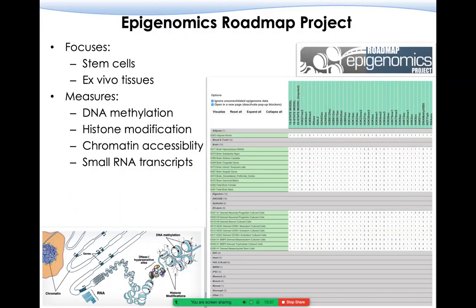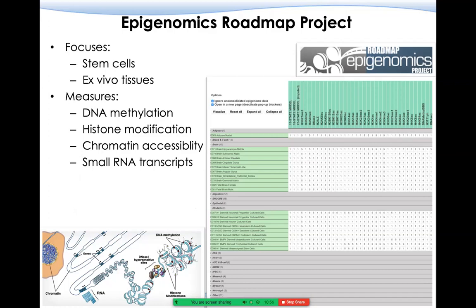There is another consortium called the Epigenomics Roadmap Project. It was developed in parallel with ENCODE, which initially focused on cell lines, and the Epigenomics Roadmap Project focused on stem cells as well as tissue types.